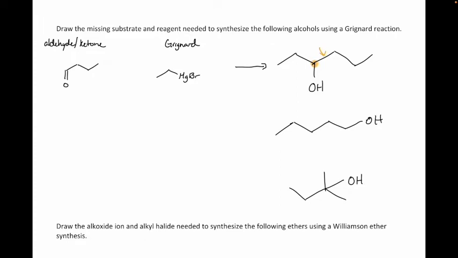That means that these 3 carbons would belong to my, in this case, aldehyde. And the remaining carbons, 1, 2, 3, would be from my Grignard. All right, so either one of those would have been acceptable answers for the formation of this particular alcohol.